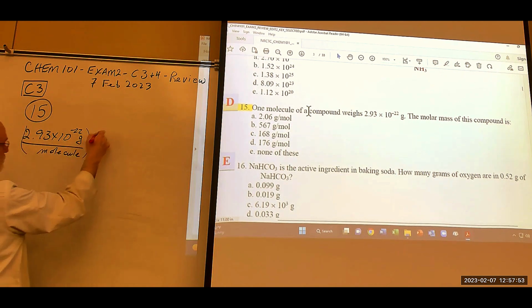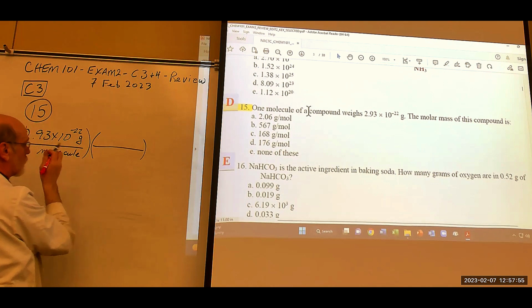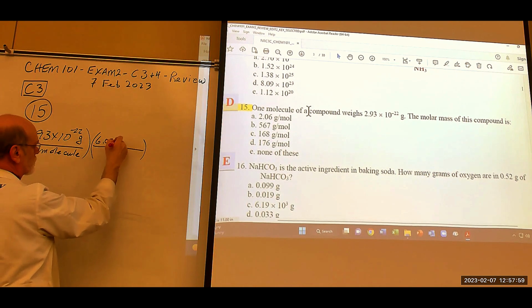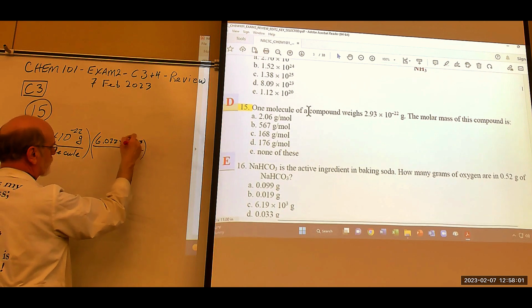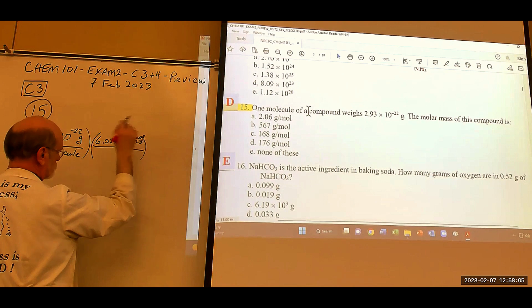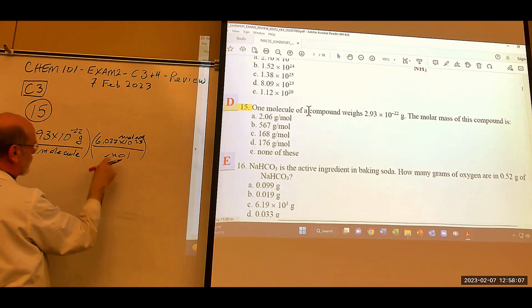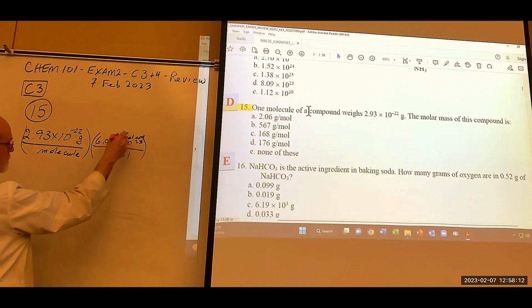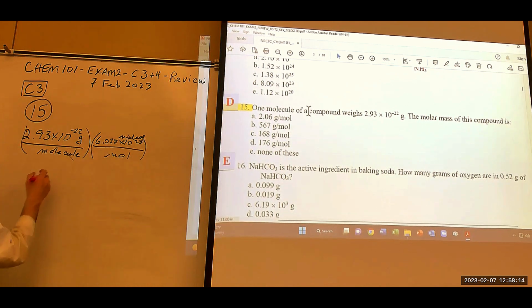All we have to do is convert molecules to moles, since we want grams per mole. So this times that would give you your answer. It cancels molecules, leaving grams per mole. And that should be equal to 176.